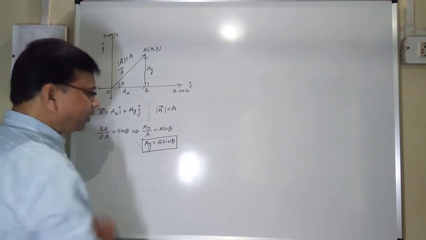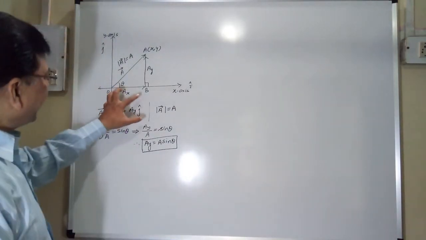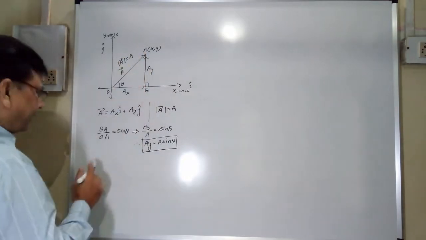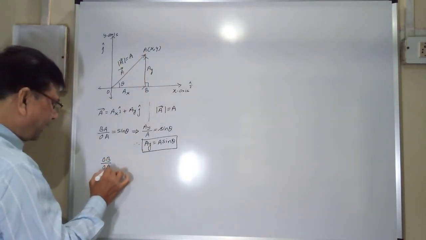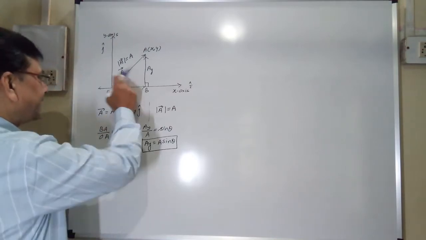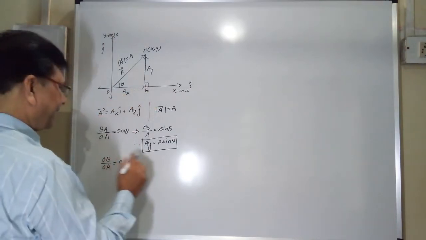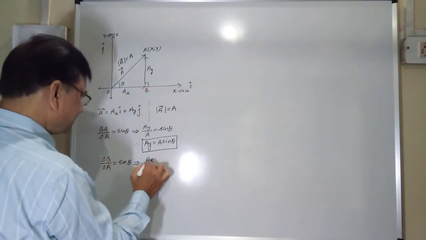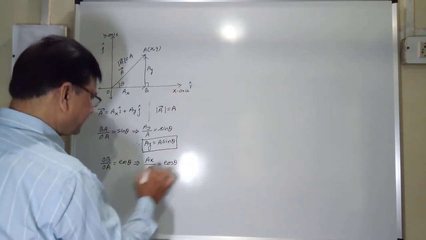This is one relation we got. In a similar manner, if we look at OB and OA, OB upon OA is equal to cos of theta, this angle. This implies, what is OB? OB is AX. AX upon A is equal to cos of theta.